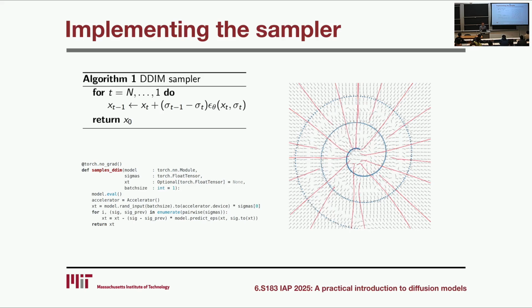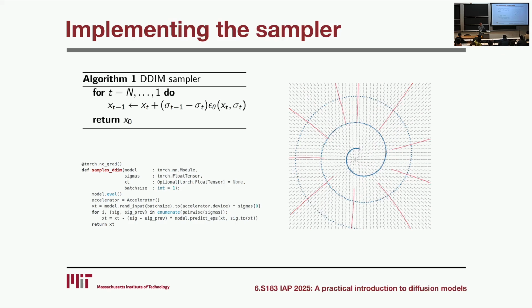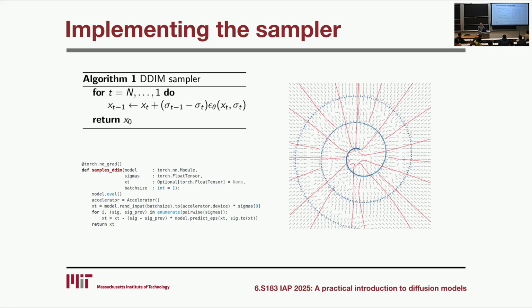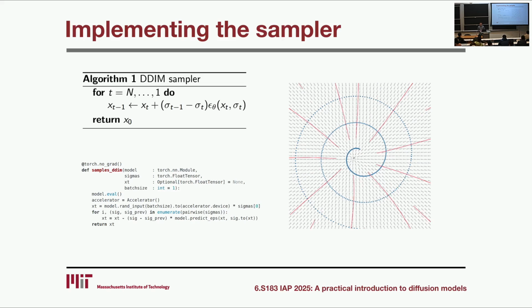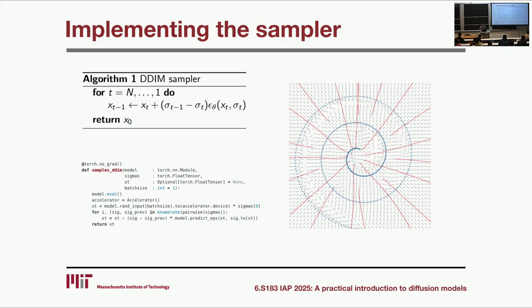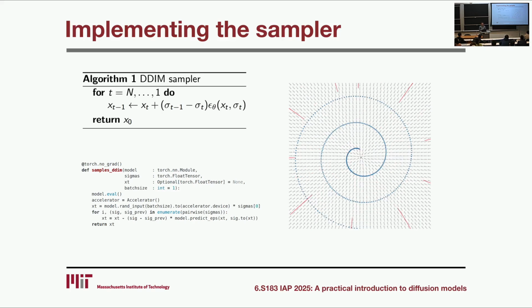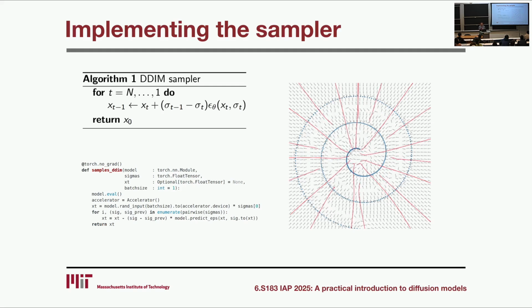The start points are all outside, and this animation shows you the sampling trajectory that these points take, and you see these trajectories mainly end on the data set. So you're getting back samples. Let me watch a few more times.